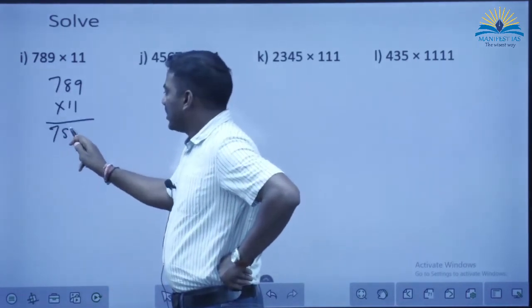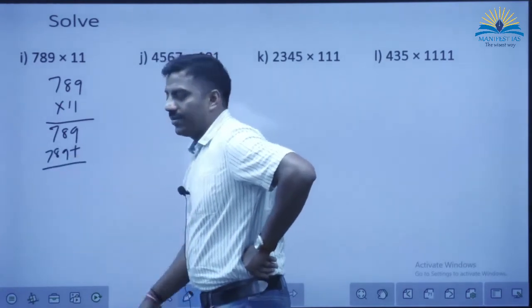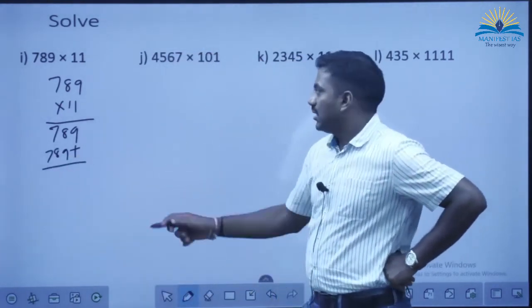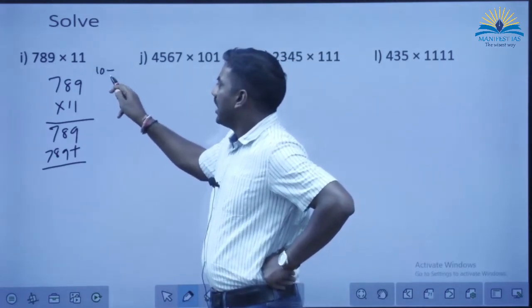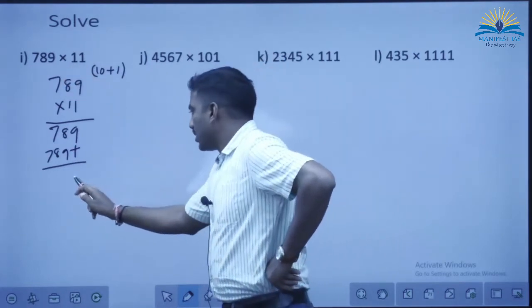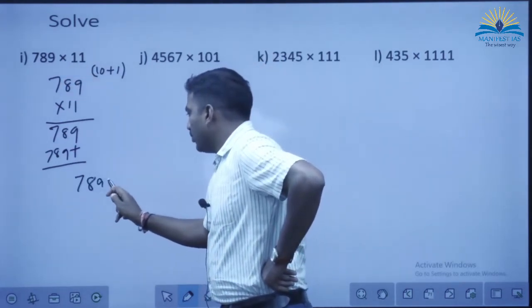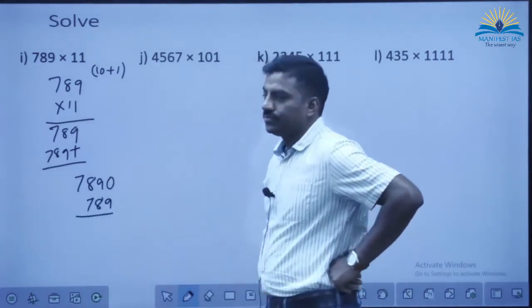We'll write 789 first, then 789 we add. Correct? Same thing. Instead of 11, you will write 10 plus 1. That means 789 into 10, you will write 7890, then 1, 789.